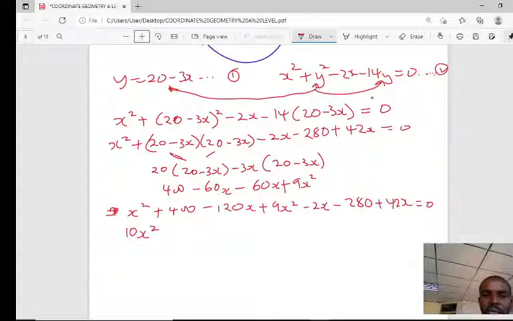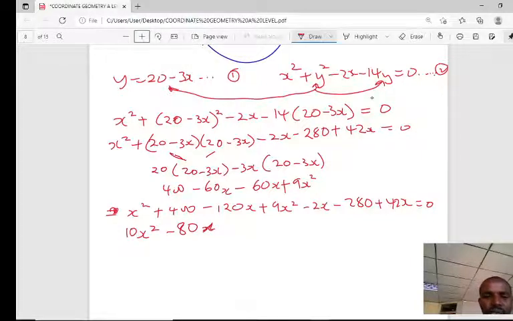So it's just like 120 minus 42, then plus 2 minus 120. Right, so you get 80. You're supposed to get 80 here. It's minus 80x. That's what I'm getting on my calculator.